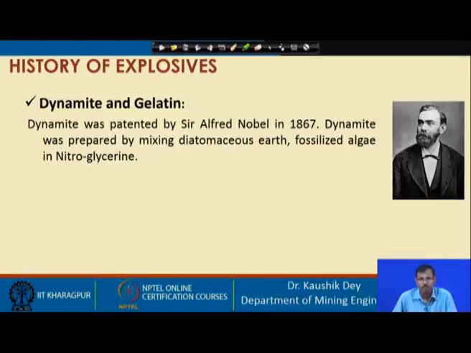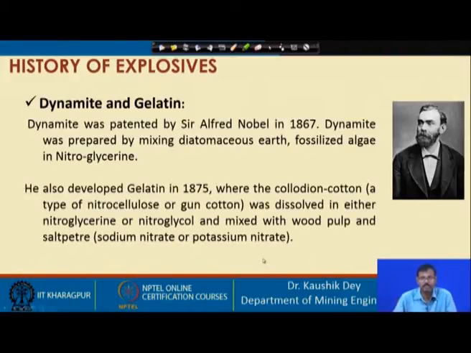So, to control this and also to have better control over the sensitivity of the nitroglycerin, Sir Alfred Nobel developed gelatin. In fact, this was again another accidental discovery, where he found that nitrocellulose or gun cotton, which is also called collodion cotton, is a very good absorber of nitroglycerin.